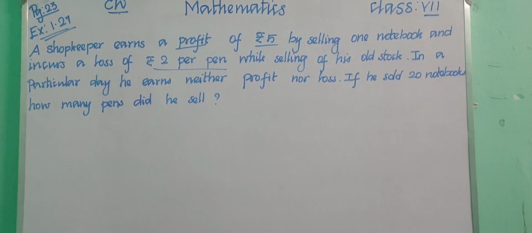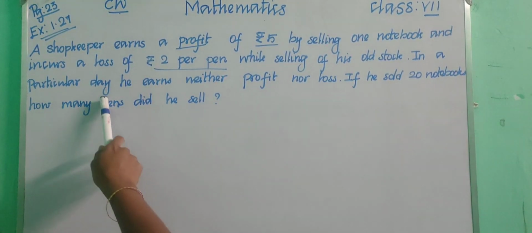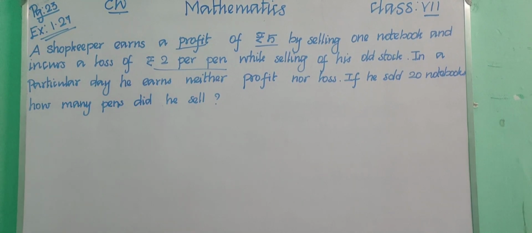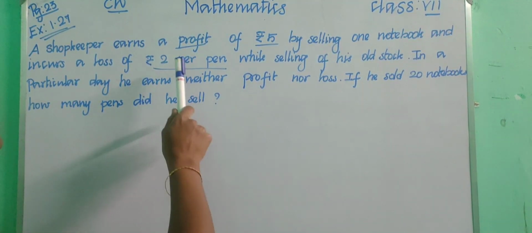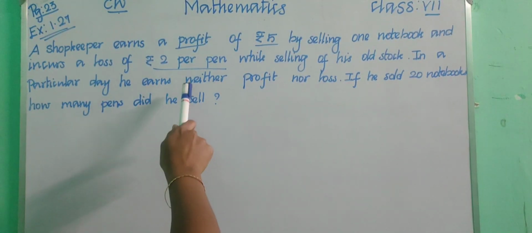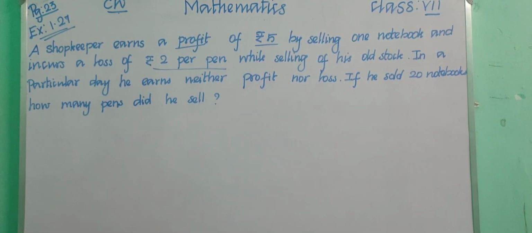And in a particular day he earns neither profit nor loss. So he sold notebooks and also pens, and because of selling these two, he got no profit and also no loss.